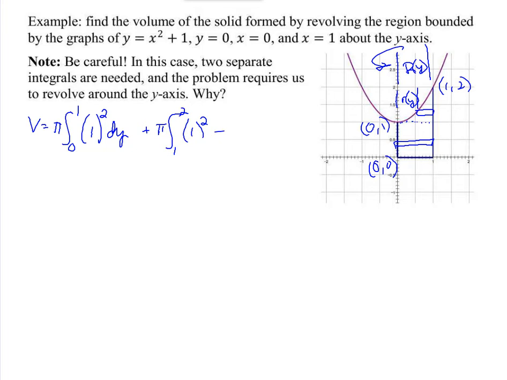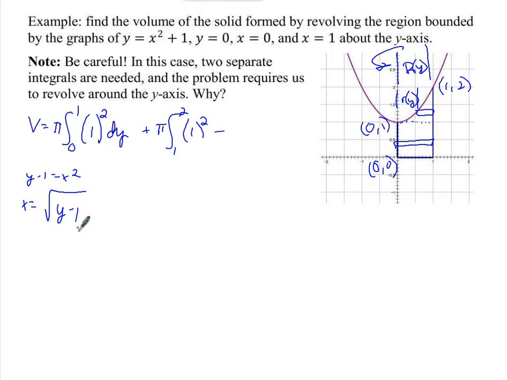We have to solve it for x because it needs to be in terms of y, since we're revolving about the y-axis. So we've got to take this equation and solve for x. y minus 1 equals x squared. When you take the square root of both sides of the equation, you have to include plus or minus, right?